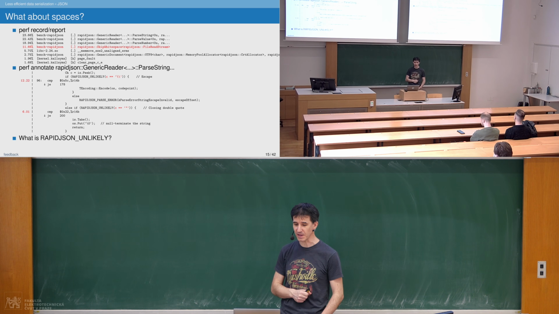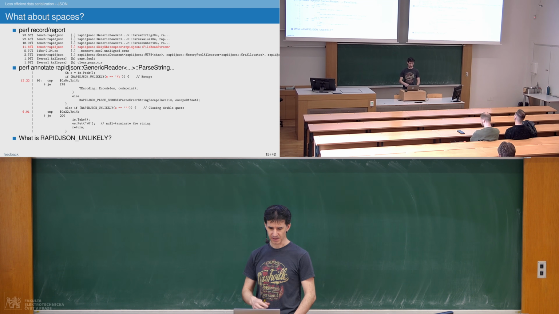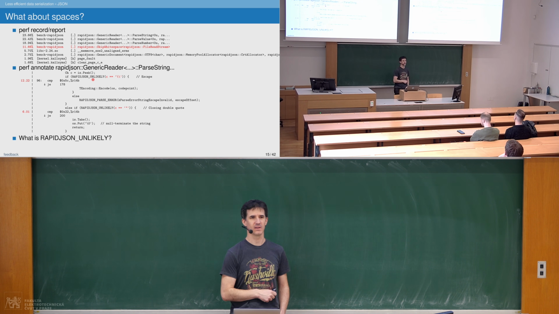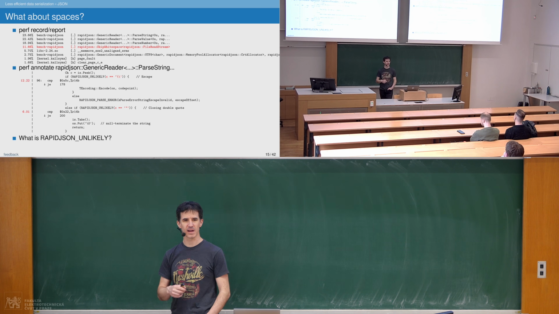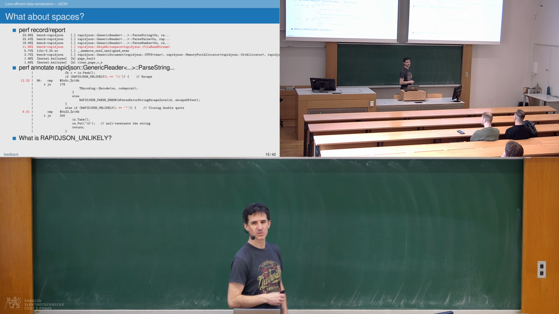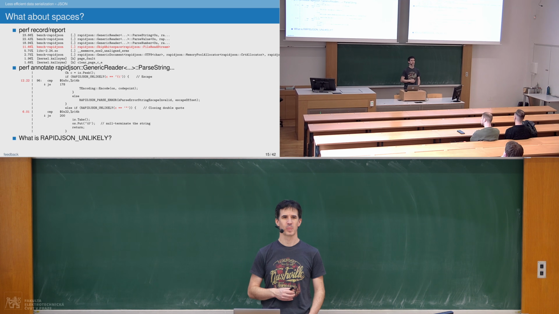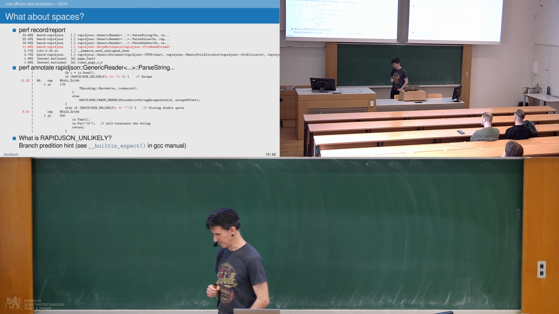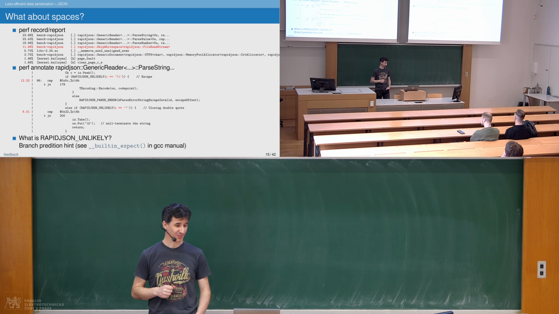But before we do that, here in this code you can see something called RAPIDJSON_UNLIKELY. Does anybody have an idea what it means, RapidJSON unlikely in C or C++? If not, I will tell you.